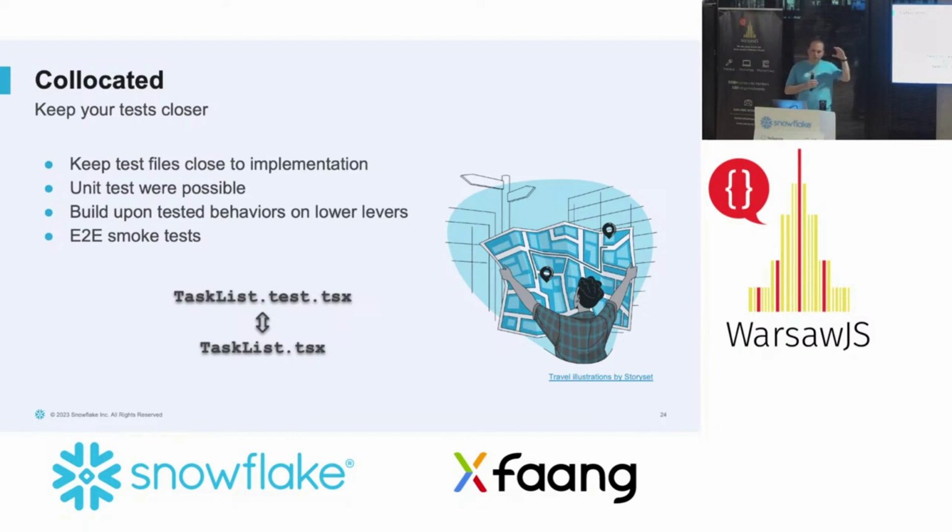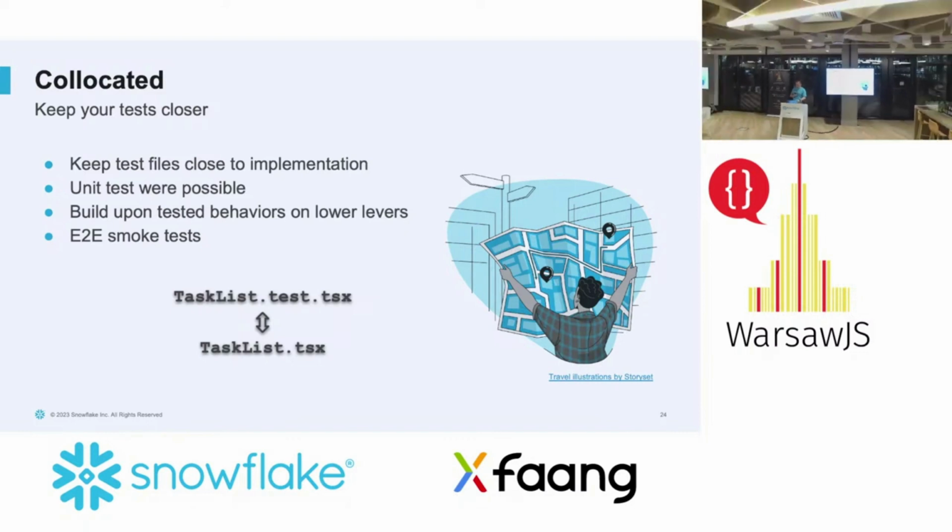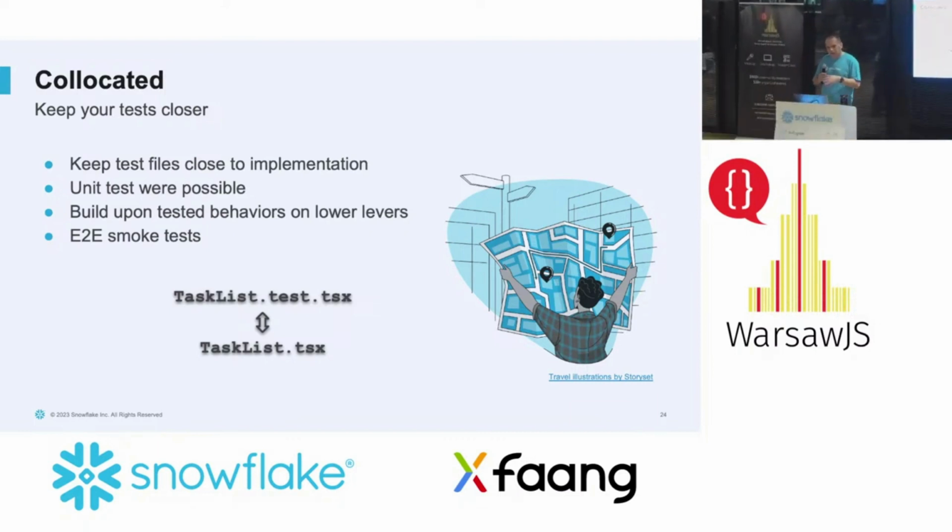So then your tests on the higher levels rely on the components you're using working properly because they have their tests beside them, and on every level, every piece of logic is tested right beside. And this leaves very little to be tested on the end-to-end level, and that's a good thing, because end-to-end tests are usually the most expensive, the least informative as to the reason of the failure, and kind of flaky because of all the moving parts that they have to interact with. And I really do prefer to keep my E2E tests as a last resort, like smoke tests.